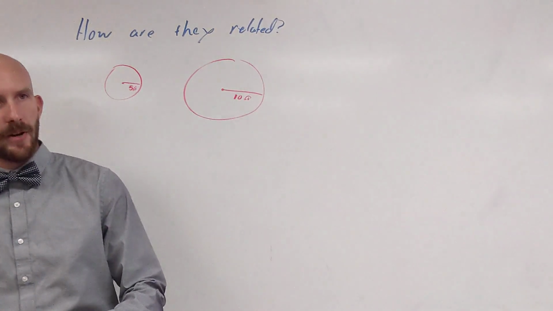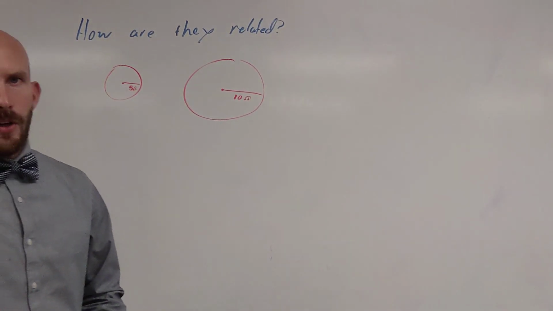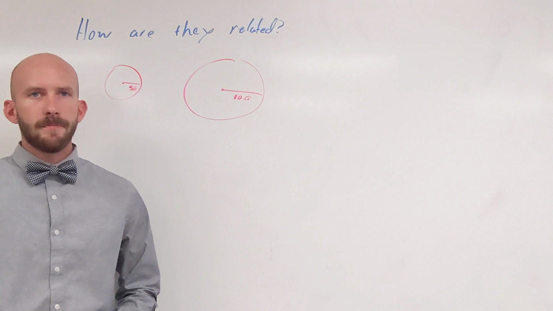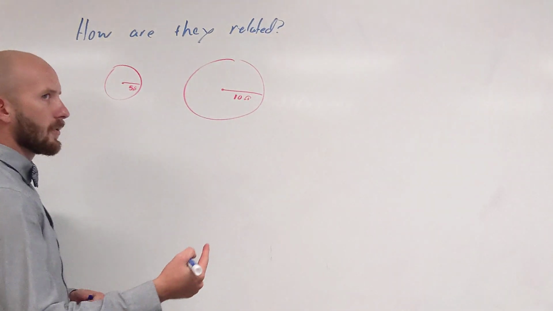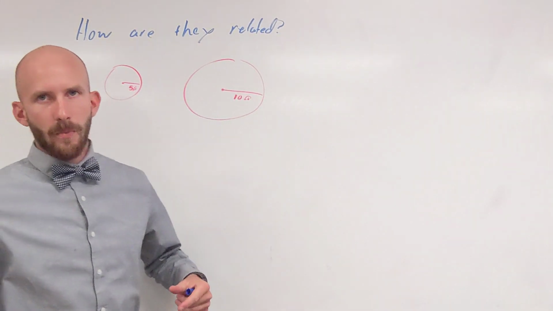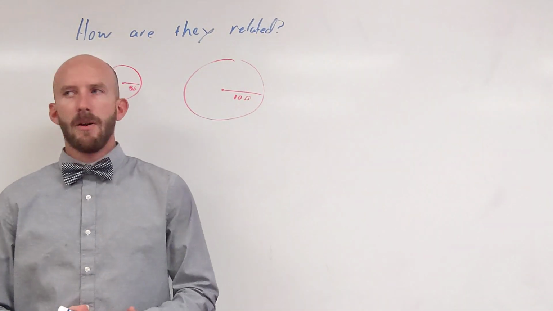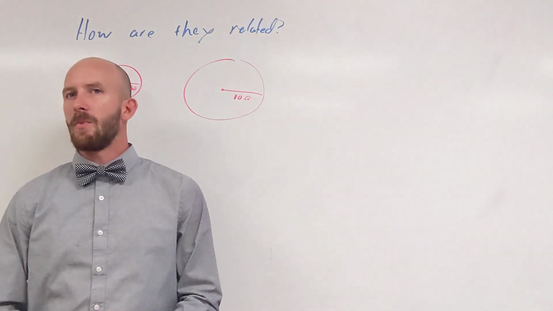A small merry-go-round and a big merry-go-round. Just for the sake of discussion, let's say that they have the exact same angular speed. What do you think is an appropriate angular speed for a merry-go-round? How many revolutions should it make in 1 minute?